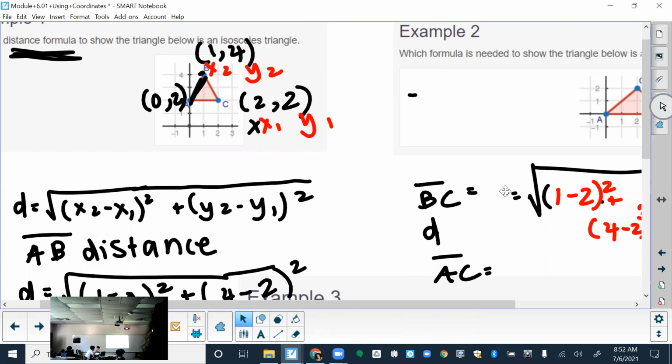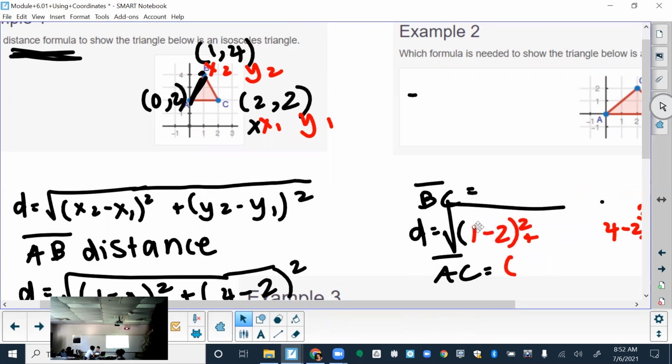Let's see if I can move this over. All right, so it should look like that if this is how I labeled it.